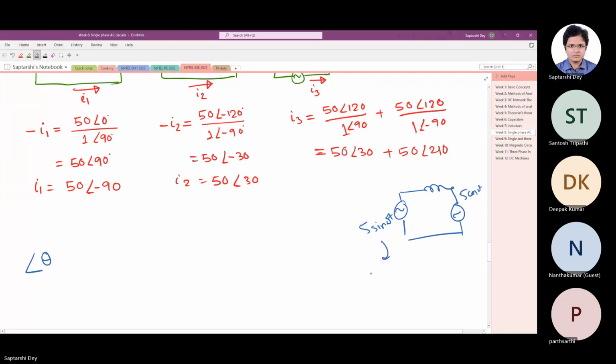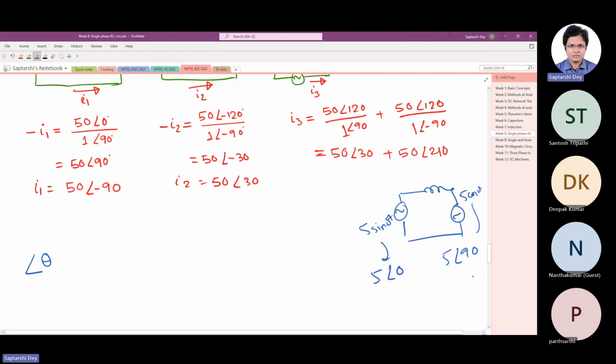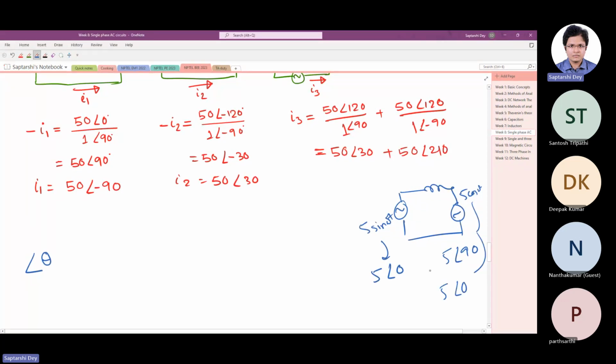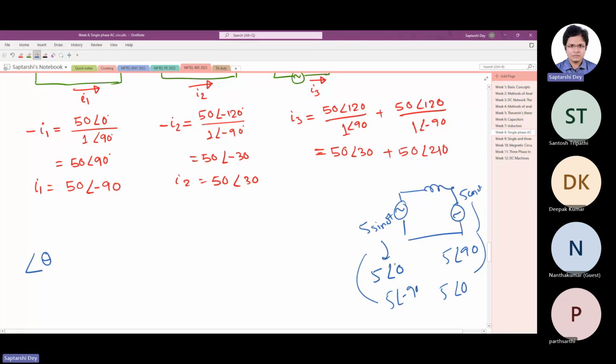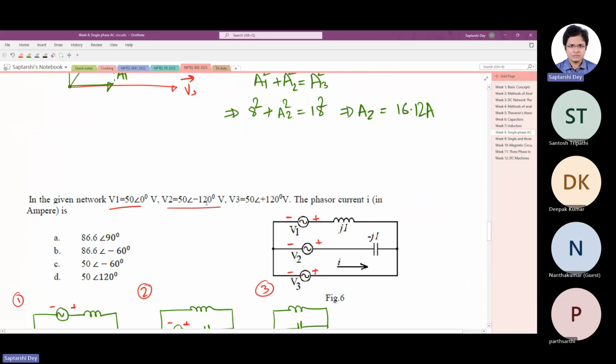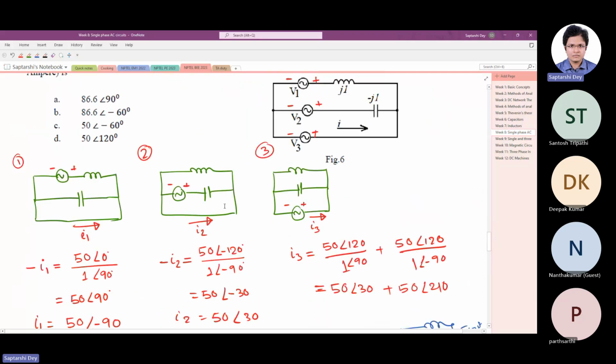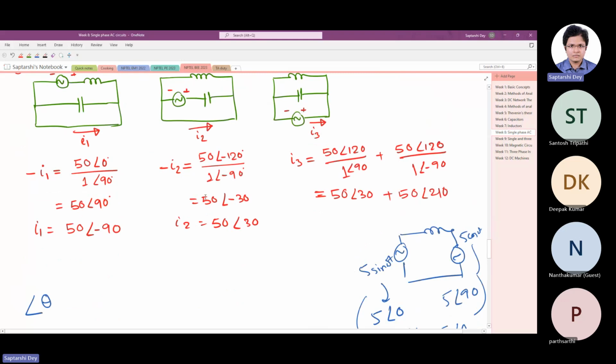If you take this as 5 angle 0, you have to take this as 5 angle 90. It is also possible to take the other one as 5 angle 0, then you take this as 5 angle minus 90. Since in this question we have not told anything about sine, we can take whatever we want. At the end we have to answer in vector only.